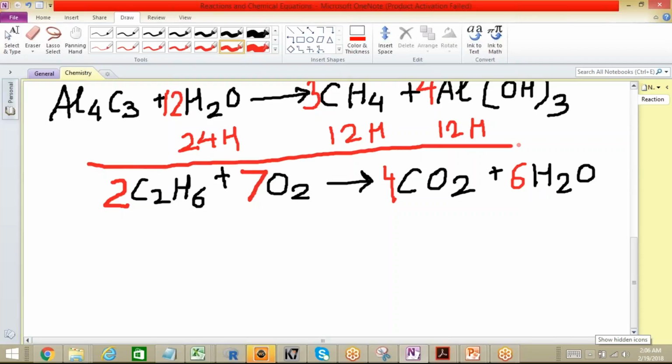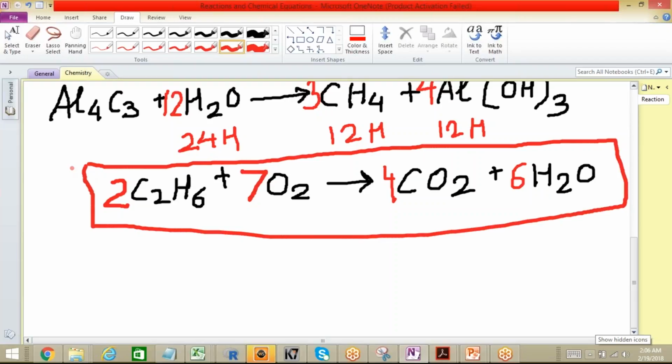That simply specifies that this particular equation is completely balanced. Fine. So this is how you can apply your hit and trial method. Make sure that you start with the metal, then non-metal, then oxygen part, and then finally the hydrogen part.